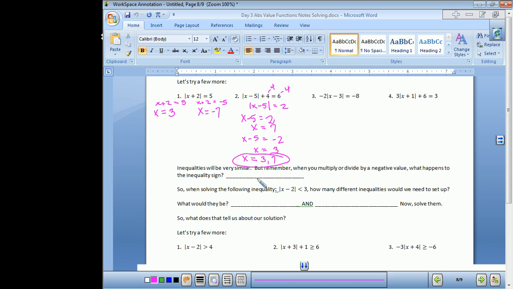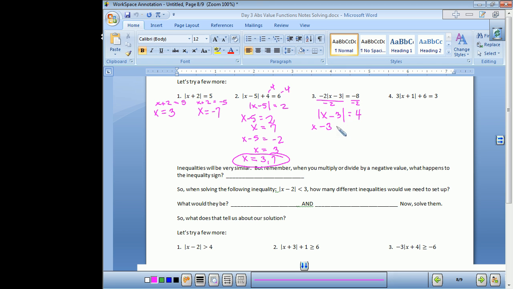When you subtract a negative, it becomes positive. Okay, so on this one, we have to get rid of the negative 2 first. Once we have the absolute value part by itself, then we can divide it into the two equations.